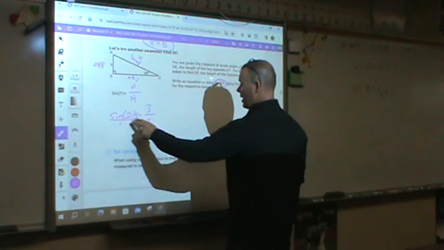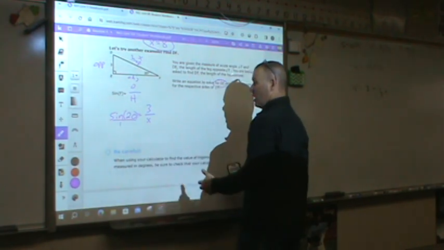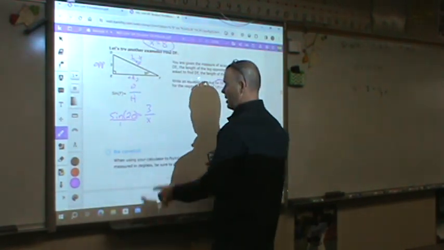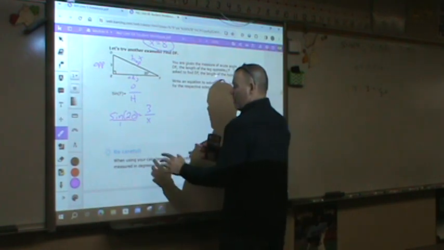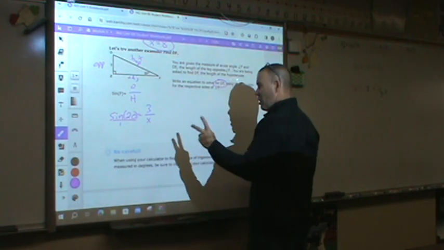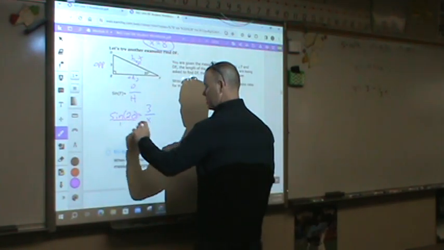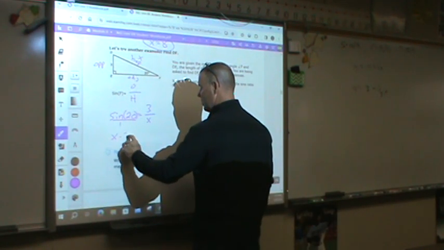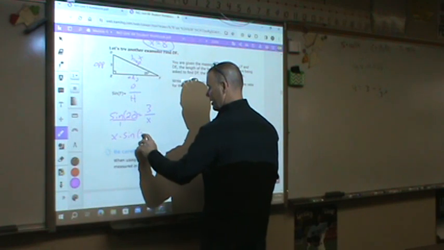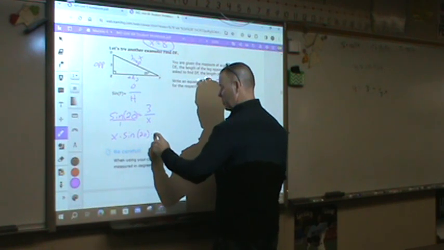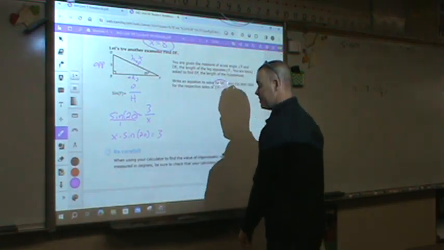Okay, well I'm going to solve by cross multiplying. Well, 3 times 1. Unfortunately, it's not as easy as the one up here. I have to cross multiply. But the good news is I can solve this in 2 quick steps and use my calculator. So I'm going to cross multiply and I get x times the sine of 20 degrees, remember that's just a decimal, is equal to 3.